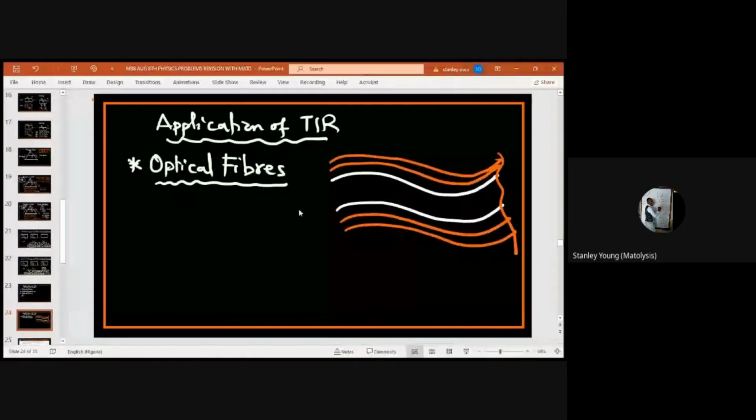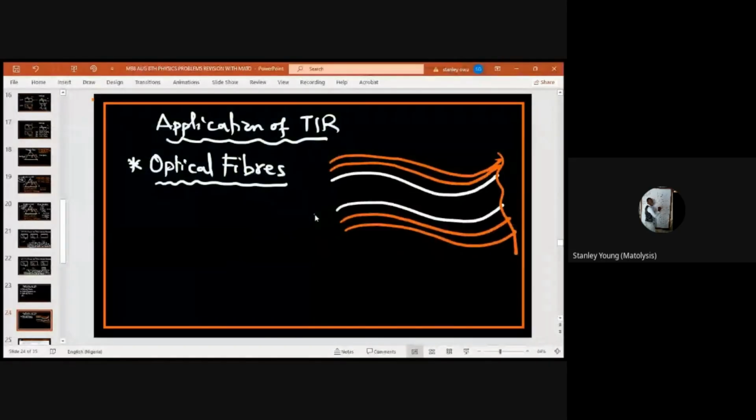So it is designed in such a way that a ray that enters from one part is internally reflected back. So you have something like this. So you can see what we have.